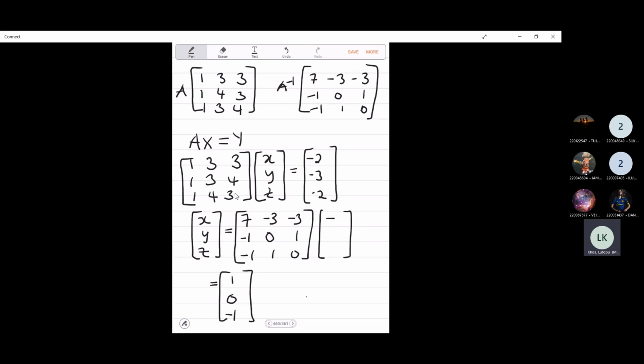Just leave it minus 2, minus 2, and minus 3. And then now just multiply row with column. So we have 7 times minus 2 plus minus 3 times minus 2 plus minus 3 times minus 3.